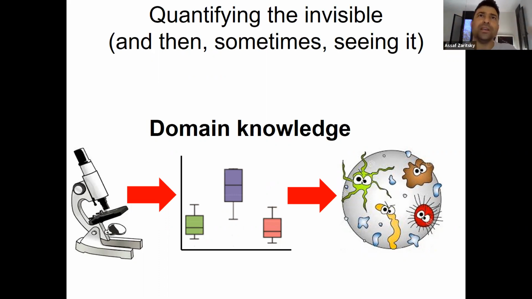So in order to contribute to the field, we need to have domain knowledge, both in the cell biology, at least specific to the questions that we're interested in, and in the computational tools that we're able to use in order to solve these questions.